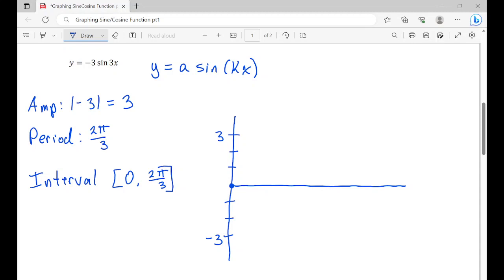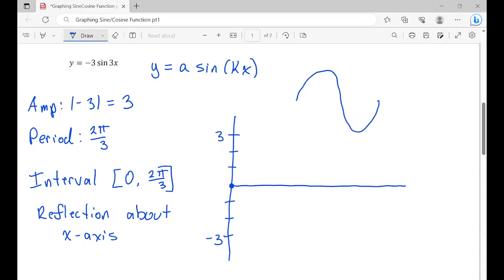So this is actually going to have a reflection about the x-axis. So the graph, instead of going like this, is actually going to be upside down. It's actually going to go like this. So knowing it's going to go down then up instead, we know that it ends at 2 pi over 3.